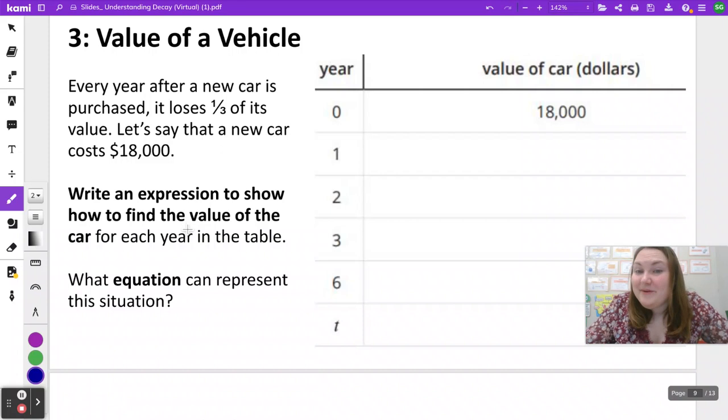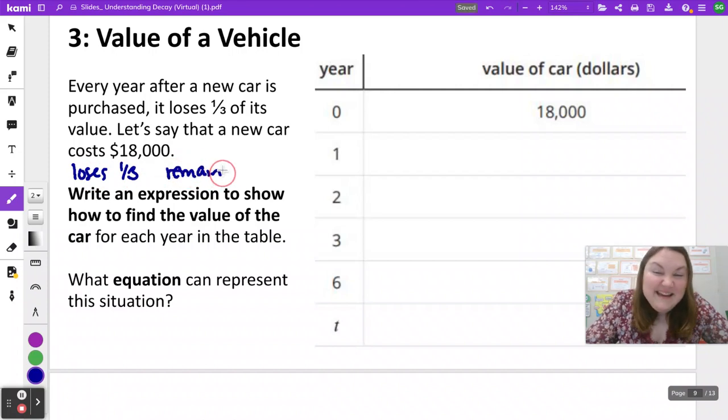Well, it's related to what we were doing above. If I know it loses 1/3 of its value, that means the remaining value is 2/3.